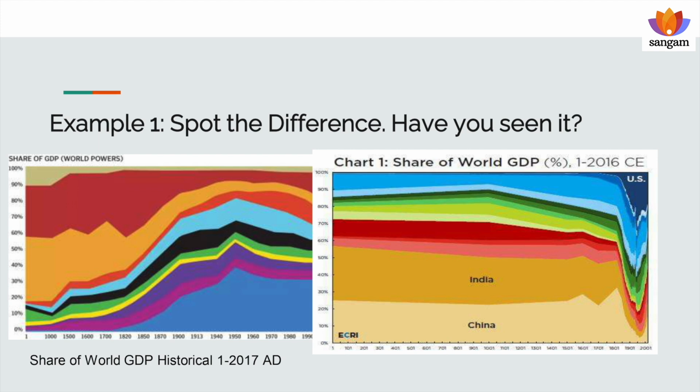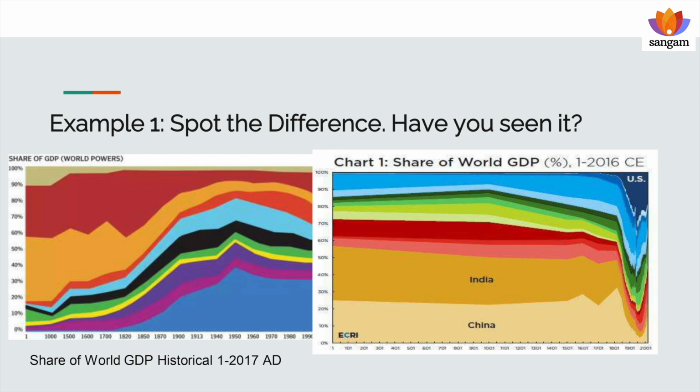But if you look at the x-axis from 1 to 1990, the first 1500 years of history have been concentrated in the first 3 points: 1, 1000 and 1500.